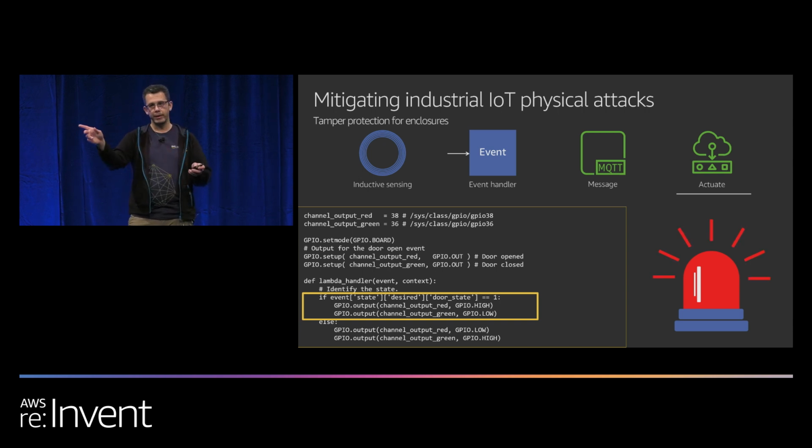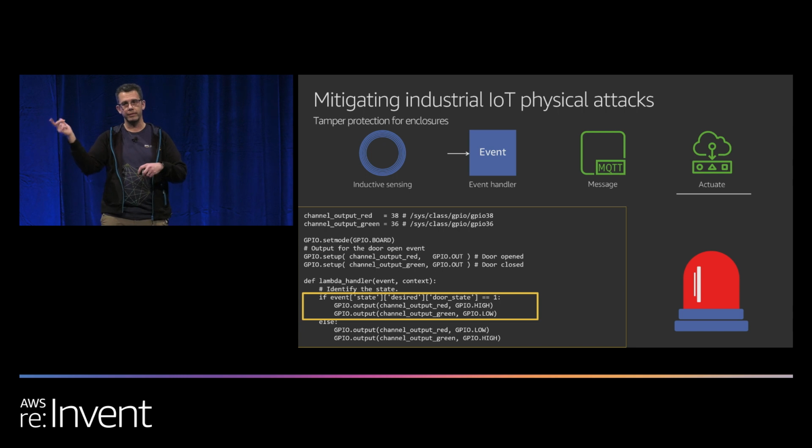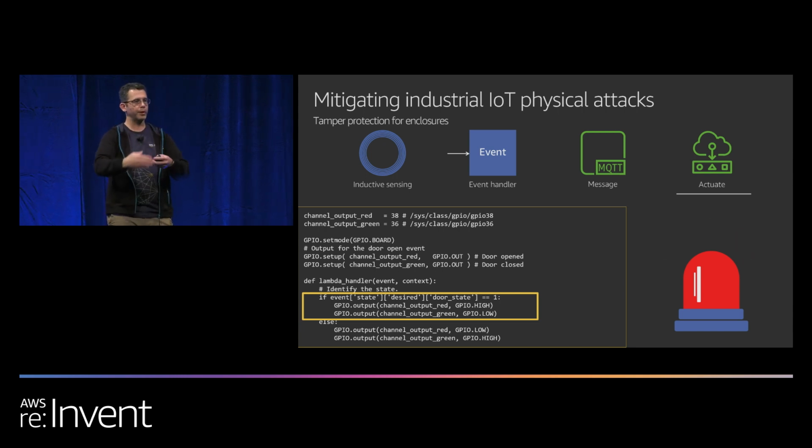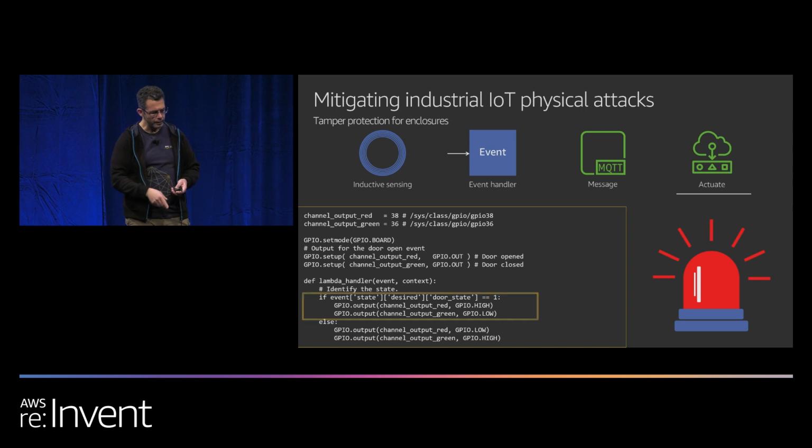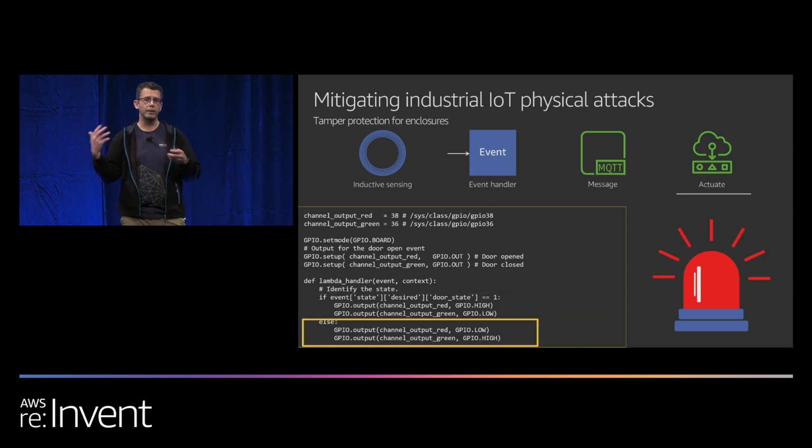So I'm just sending all of the messages to one topic, but what's happening in that case is that I have a Lambda function in Greengrass that's converting that into a shadow function, because that way I can use that in bigger box systems to do command and control. And then I can do local actuation.